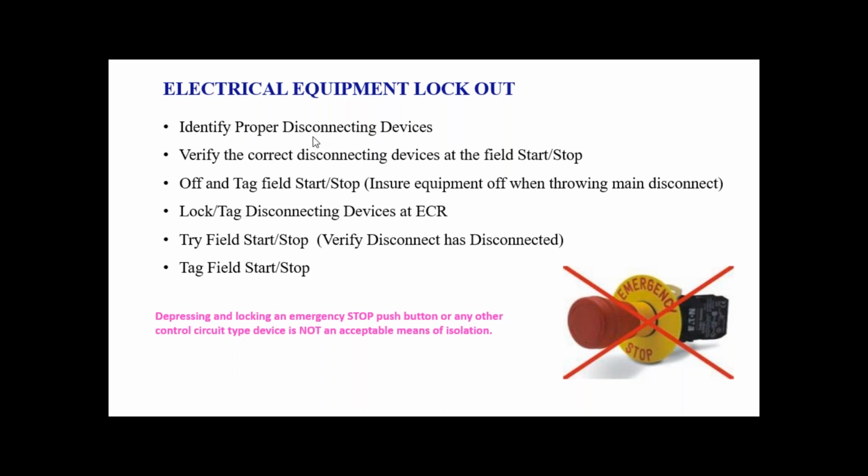So identify the proper disconnecting device for this electrical equipment, verify the correct disconnecting device at the field start or stop, then off and tag field start or stop, ensure equipment is off when throwing main disconnect, then lock and tag disconnecting devices at ECR, try field start and stop, and then tag field start and stop. So depending on the condition, depending on the requirement, you have to apply these specific locks to the specific systems or the equipments or the instruments.